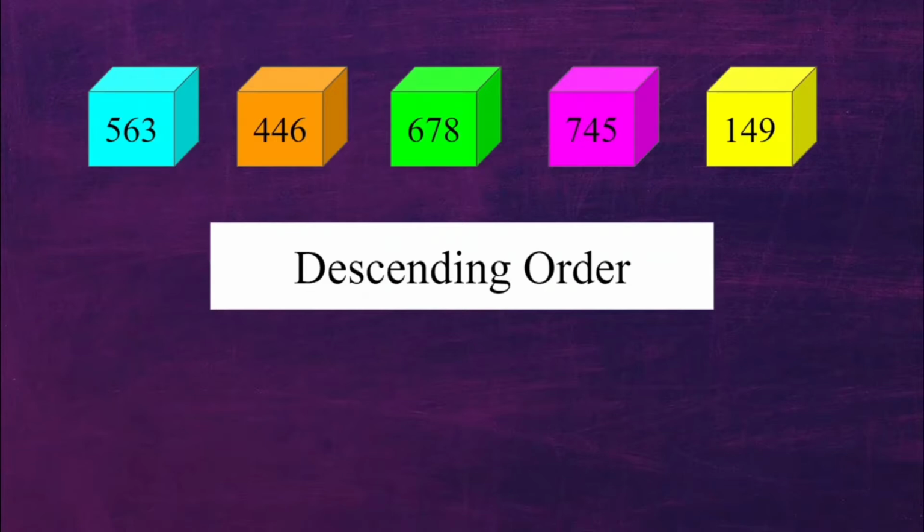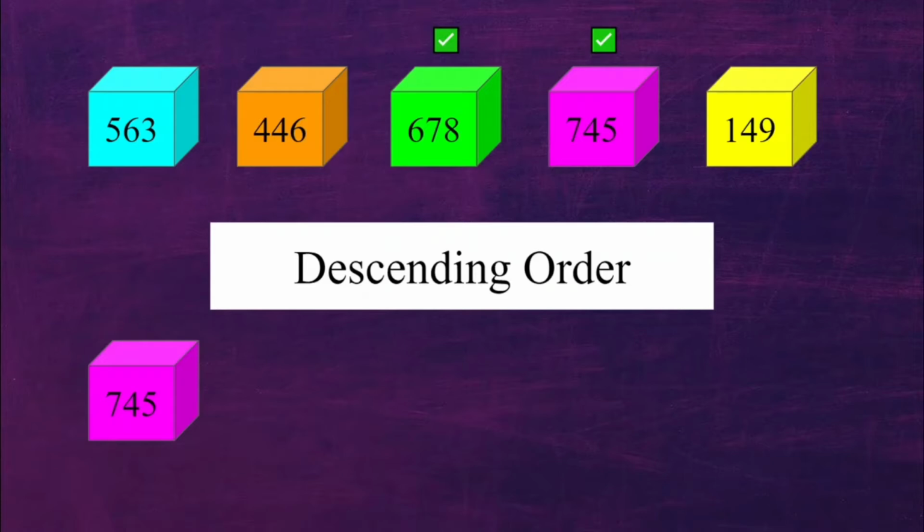Yes, very good. It is 745. So now we will arrange the boxes in descending order, starting with the greatest numbered box, that is 745. Now we have 4 other boxes left. Which among the 4 boxes has the largest number?